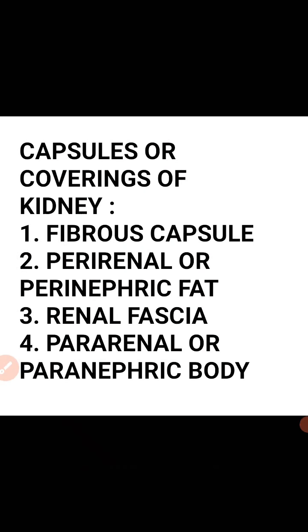On the right side, at the level of the upper pole of kidney, the anterior layer of renal fascia blends with the inferior coronary layer and bare area of the liver. On the left side, the anterior layer fuses with the gastrophrenic ligament. The posterior layer of renal fascia on both sides fuses with the fascia of the muscles of the posterior abdominal wall.